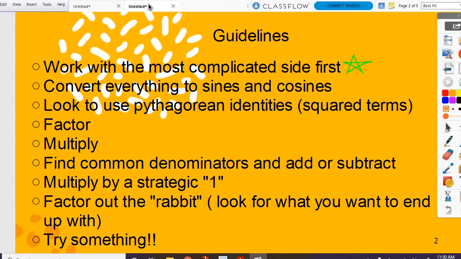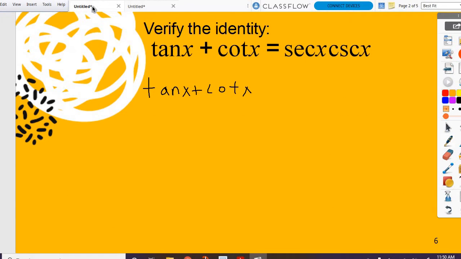Convert everything to sines and cosines. Is there a way that I can convert both tangent and cotangent to sines and cosines? Sine over cosine, cosine over sine. And what are those called? Your quotient identities. The nice thing is, once we do that, notice we get fractions. So what can we do with those fractions? Find a common denominator and add them.